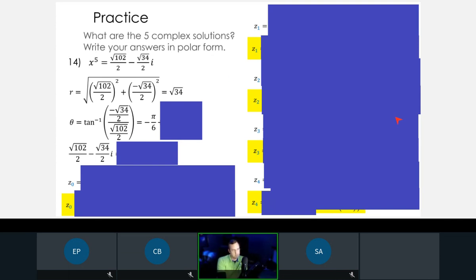Looks like we got people that disagree. So the original point, which quadrant are we in? All right, we got 2 votes for quadrant 4. It is in quadrant 4, yes.